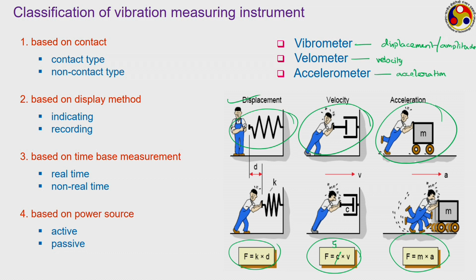Now, let us see the difference between this vibrometer-velometer combination and the accelerometer, again using a little bit of the mathematical analysis which we have done during the last lecture. First, the condition for the vibrometer, but before I directly go to the vibrometer, just think about the analysis that we have done in the previous lecture, where we considered a simple mass which is connected with some vibrating member.